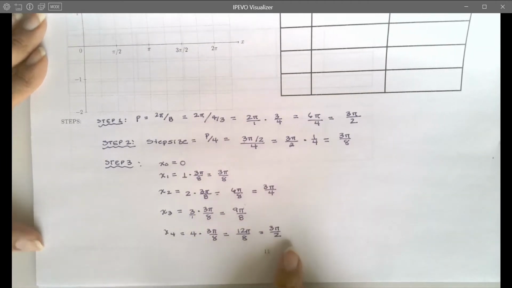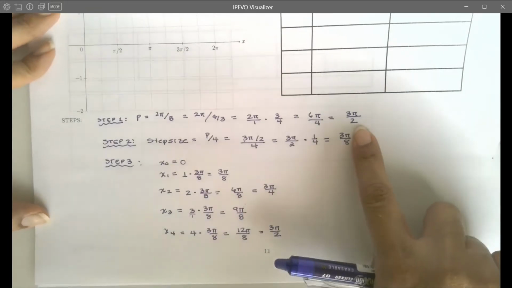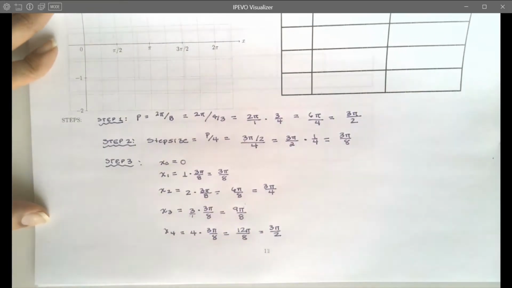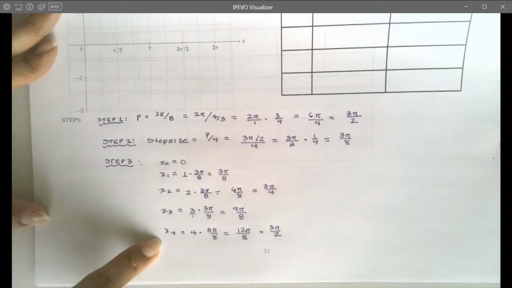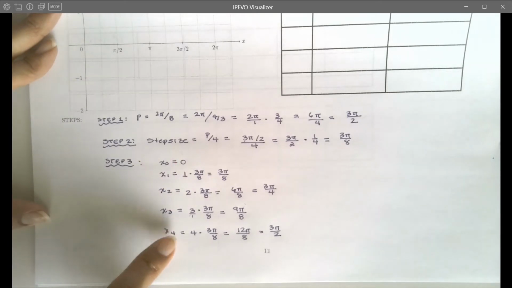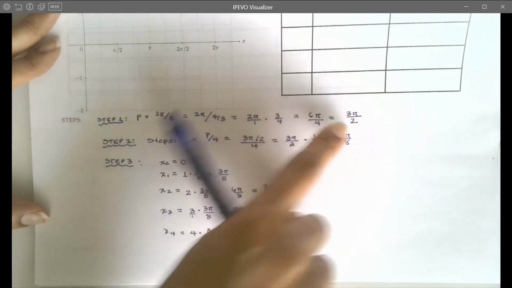And notice here the last x value is agreeing with the period, and that's usually a good sign. That means that we're on the right track, because we are trying to complete one cycle and finding the quarters of the cycle. So these are all the quarters, and the last quarter should agree with one full cycle, which is given by the period.